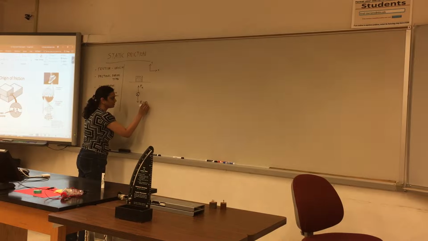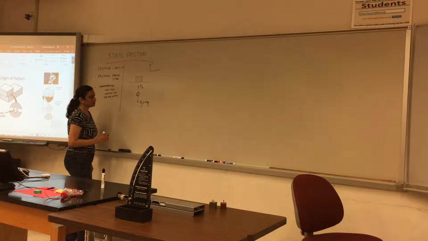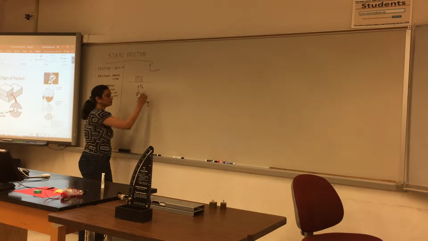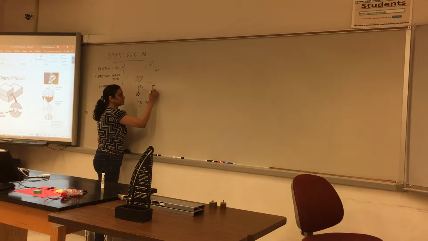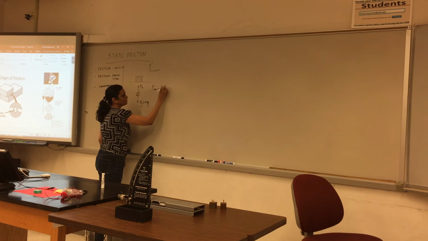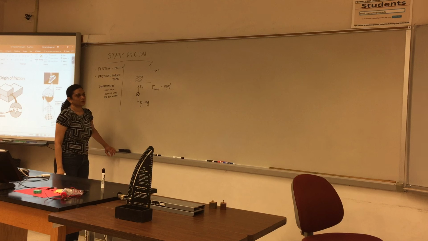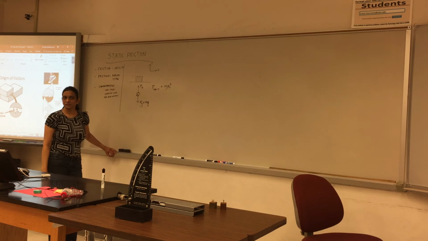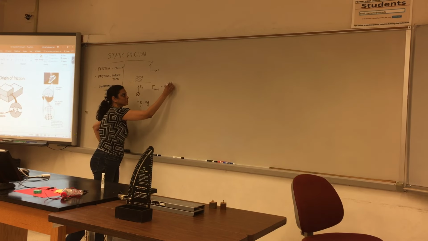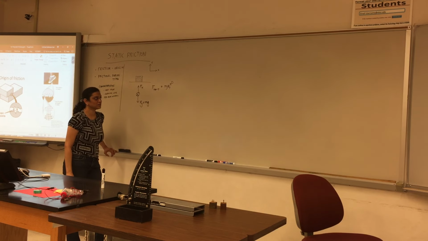gravitational force acting down, equals mg. And according to Newton's second law, the net force in the y direction should be equal to mass times acceleration in the y direction. But is there any vertical motion here? No, the box is actually in static equilibrium. So acceleration is 0.